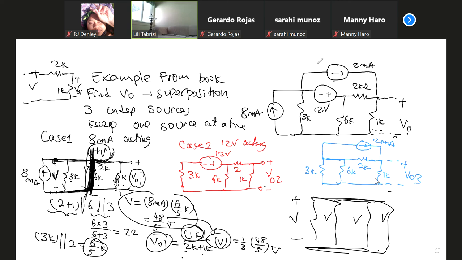But if I remove the current source, then they become series. Okay, let me keep this answer someplace. So I have 16 over 5 volt. This is V01, because I want to delete this one.